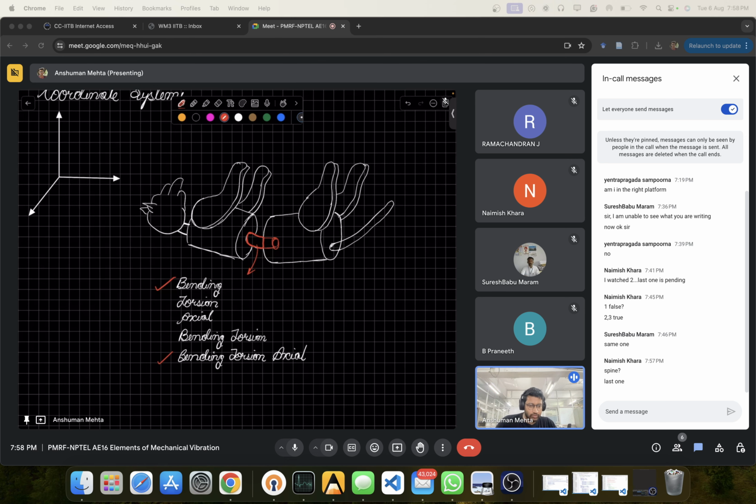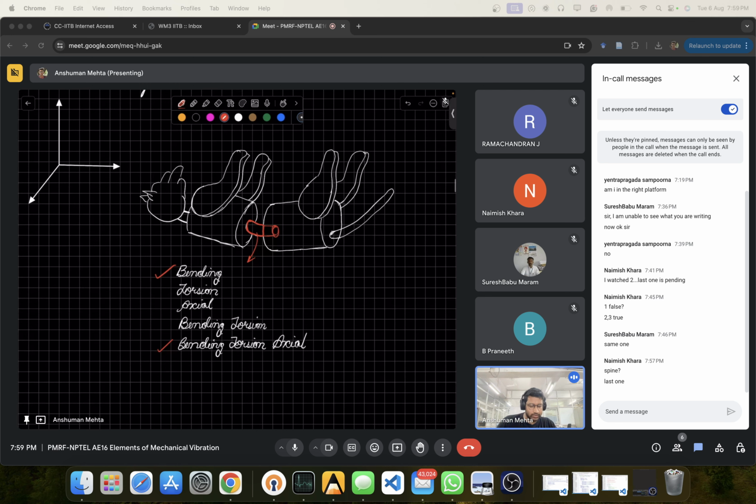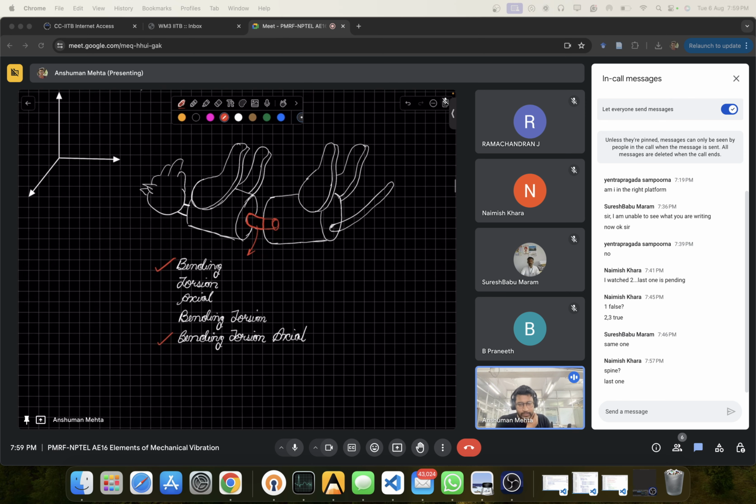Last one is obviously much more detailed version, but let's see. Bending, torsion, axial. Okay, let's move forward.